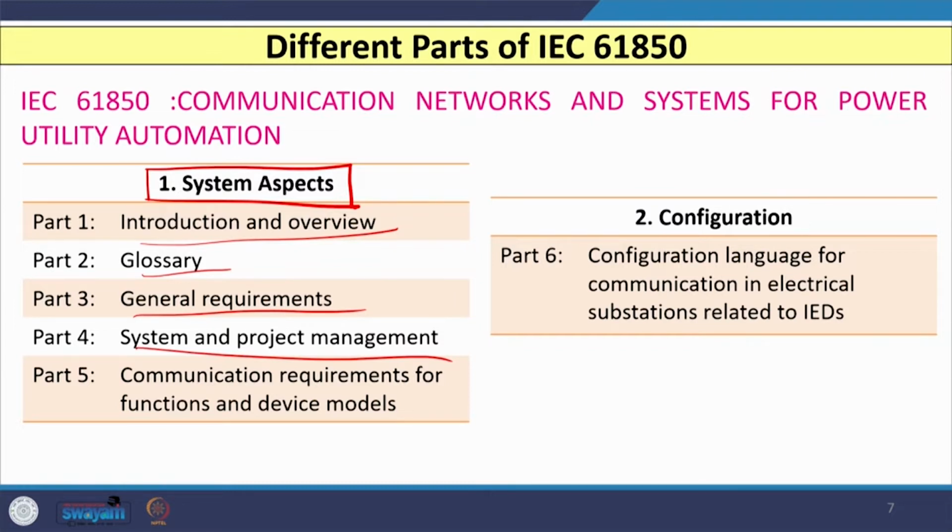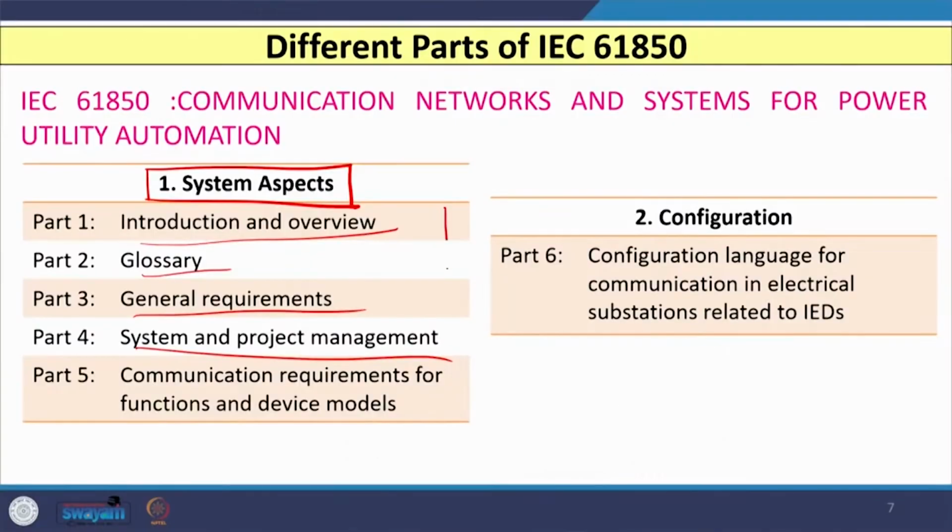So, the system aspects, which contain parts 1 to 5, basically cover the overview, the general requirements, the requirements related to system and project management, and the communication requirements for different functions and models. These things are discussed in the system aspects part.